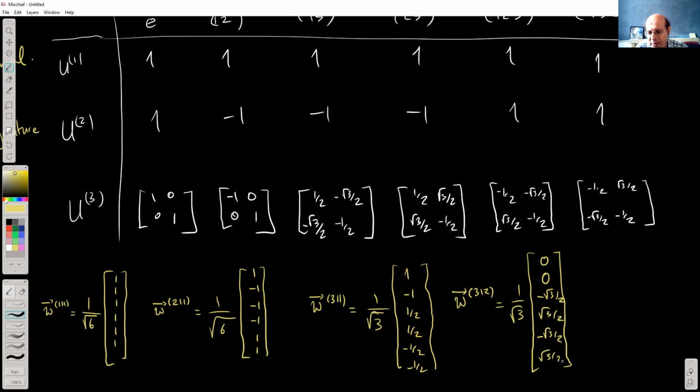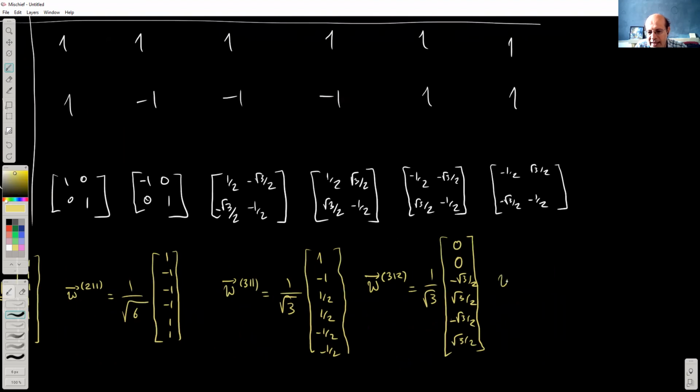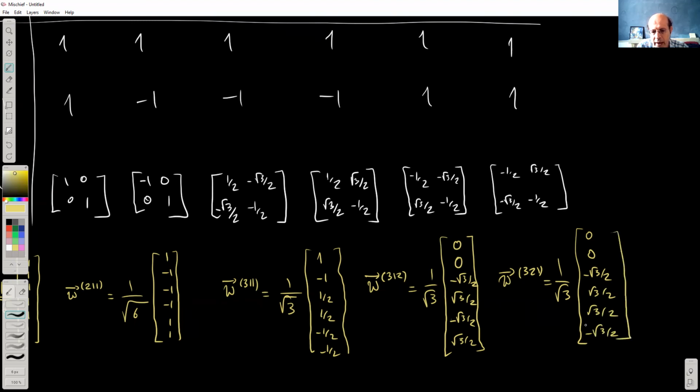We could simplify these actually. So let me quickly write down the last two. That's W321. That's 1 over root 3 again. So this is 0, 0, minus root 3 over 2, root 3 over 2, root 3 over 2, minus root 3 over 2. Basically, it is these elements.